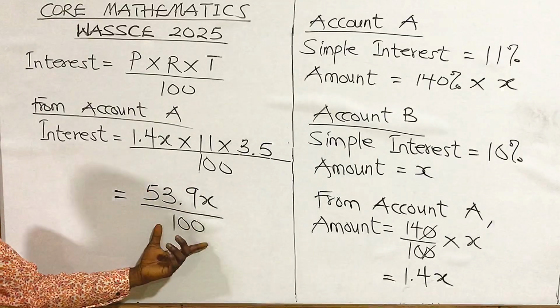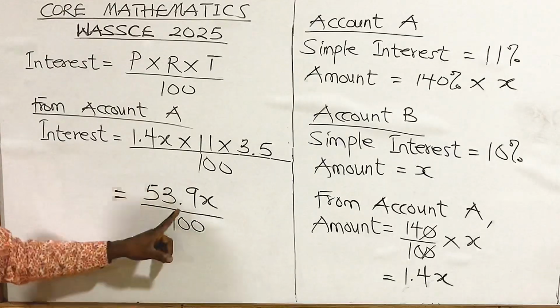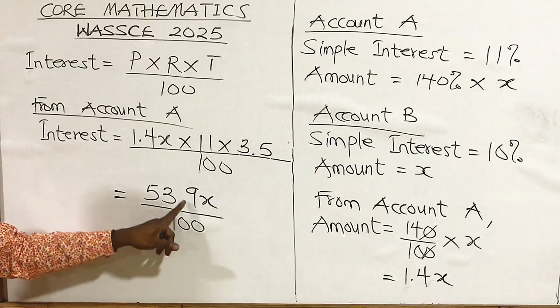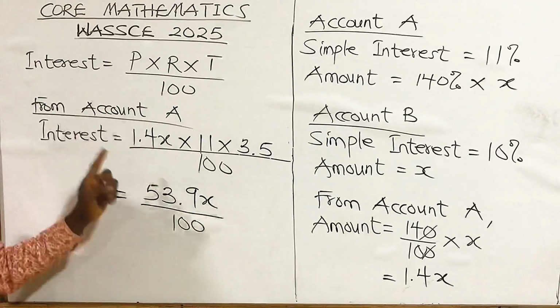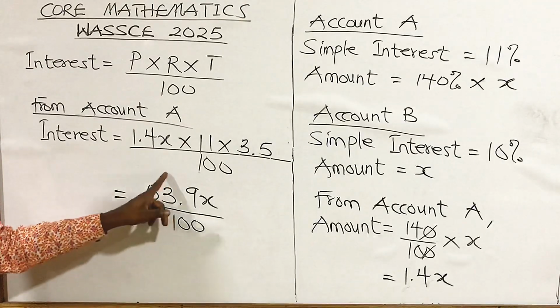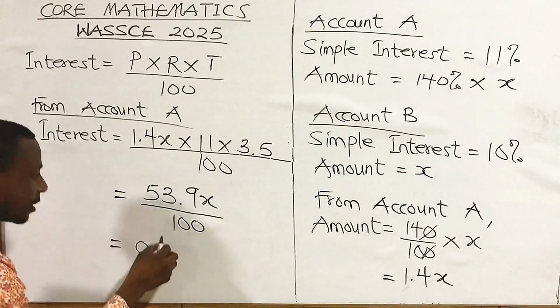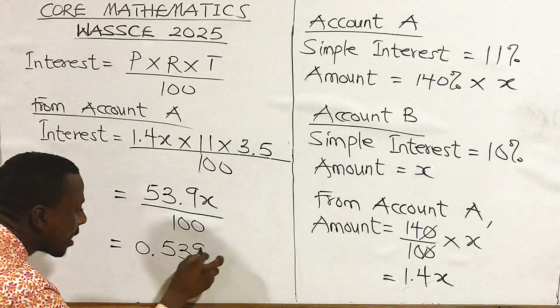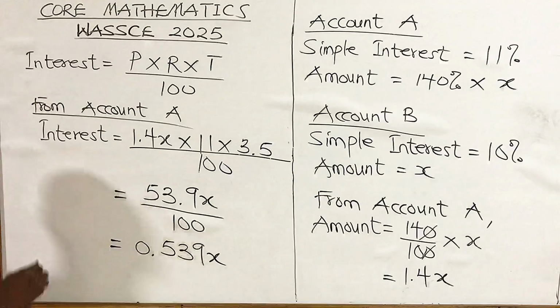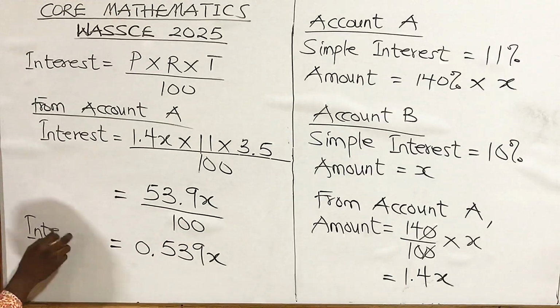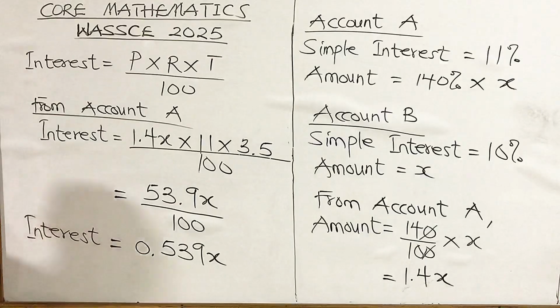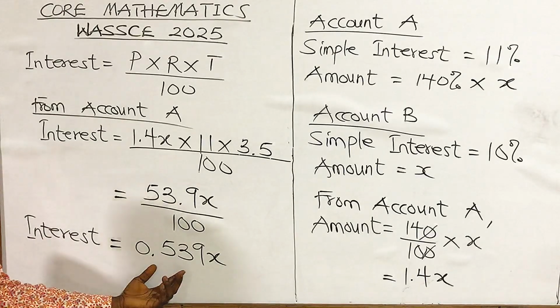When it is divided by 100, because the zeros are two, we move the decimal twice backward, and we have 0.539x. So this will be the interest.